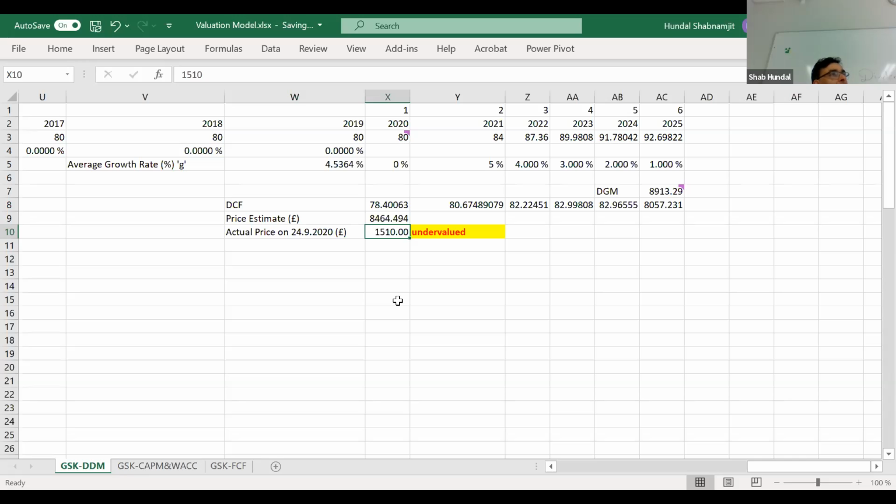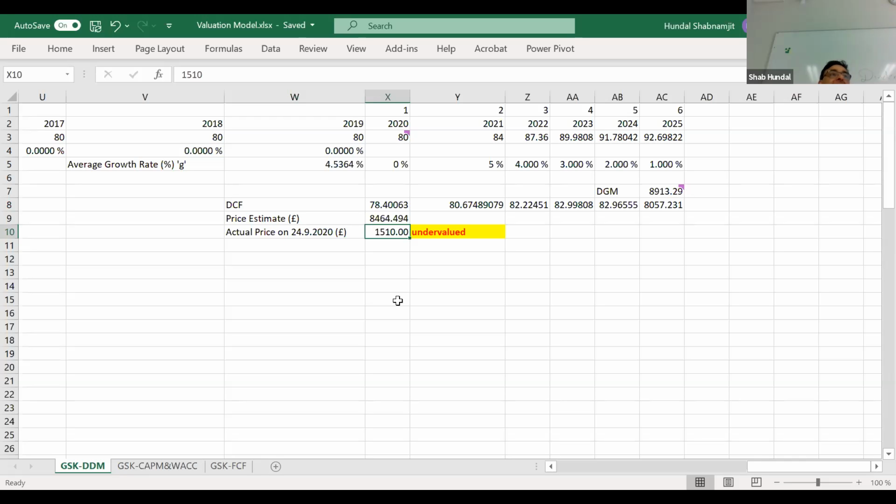So what does it mean? When the price should be X high, but the real price is Y below, what term will be used then? Undervalued. It means that according to the stock market data analysis, GlaxoSmithKline's share price is undervalued. Now see, if you ask somebody about a 1,500 stock price, people would say, oh, great. But that doesn't mean that the stock price is comparatively up.